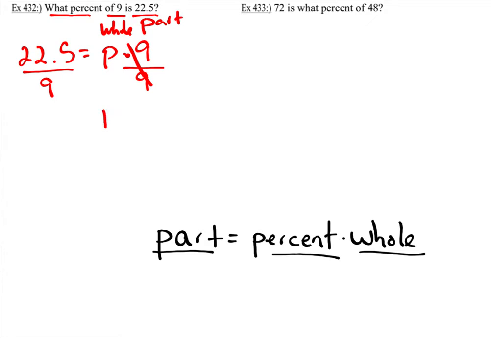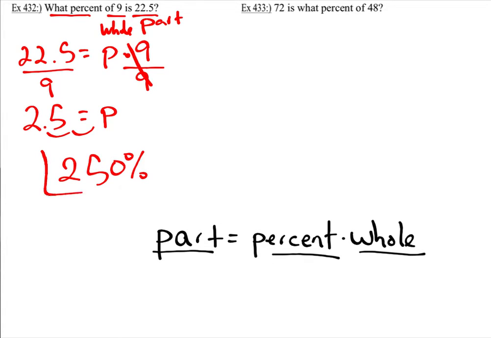And that gives me P equals 22.5 divided by 9. That is 2.5. Move the decimal a couple of times. That's 250%. So what percent of 9 is 22.5? 250% of 9 is 22.5.